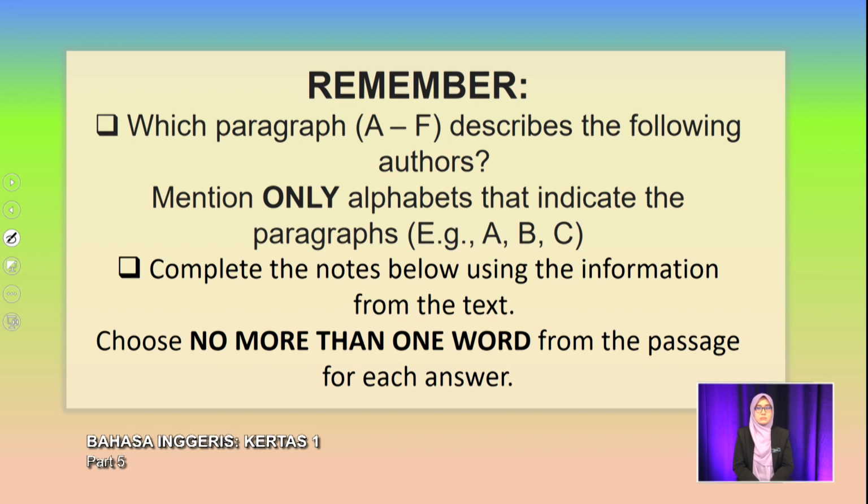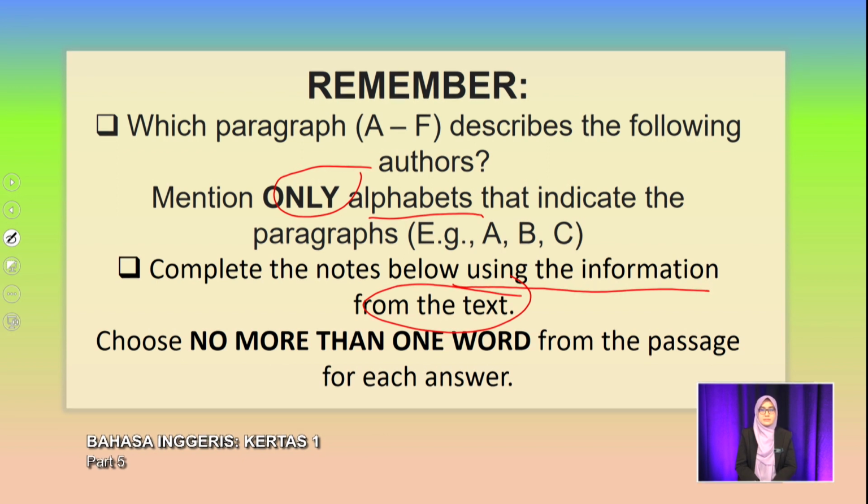You mention only the alphabets. Don't ever mention whatever names or time are given there. Just the alphabets. And for the second task, it will be to complete the notes using information from the text. No own words.